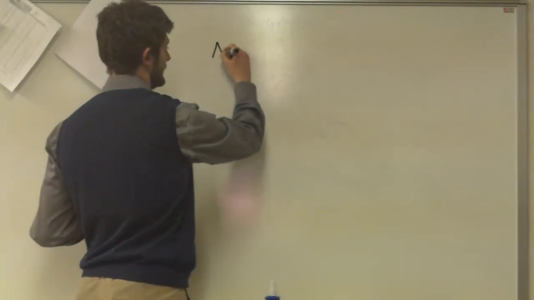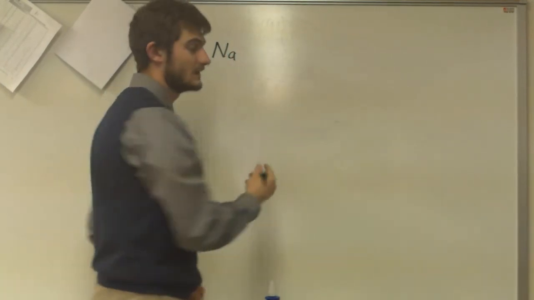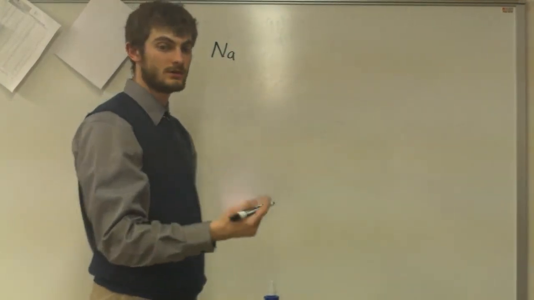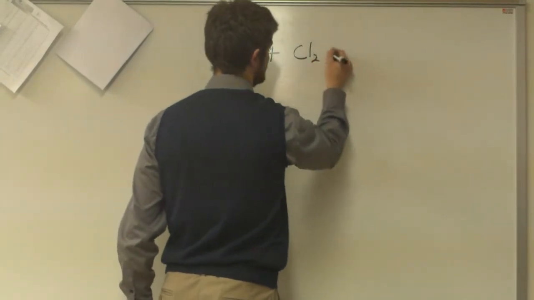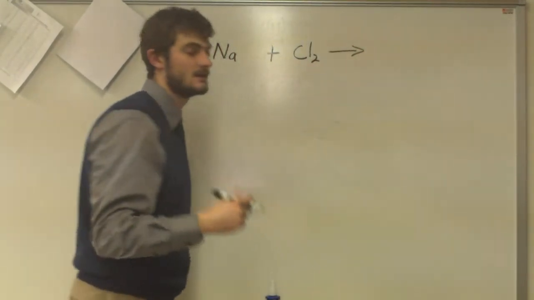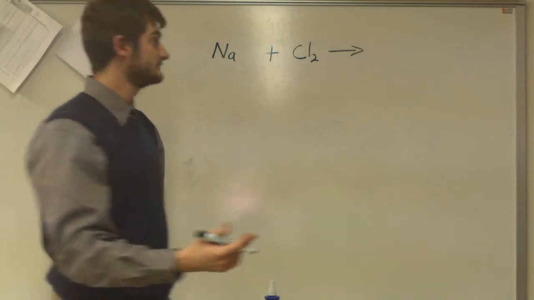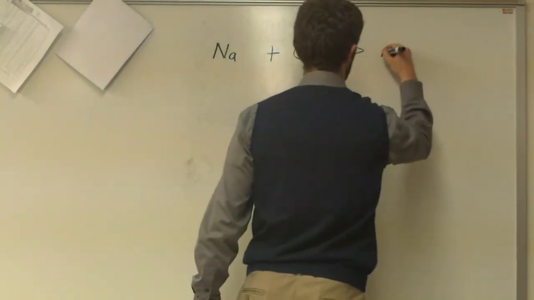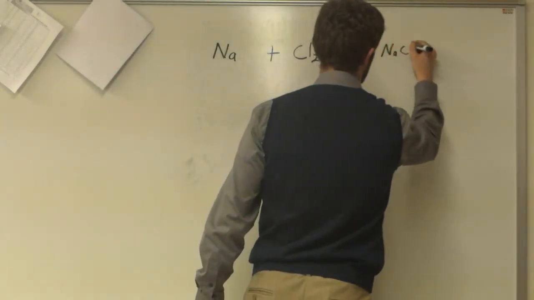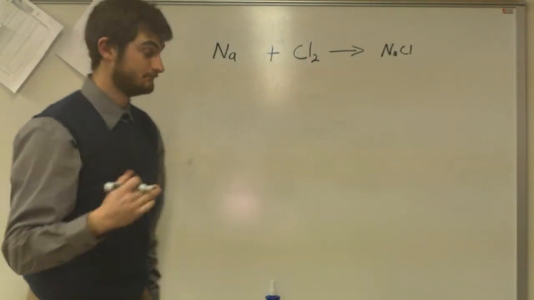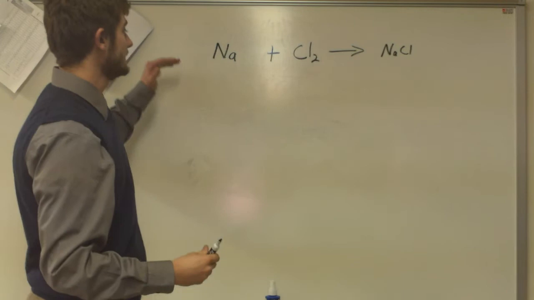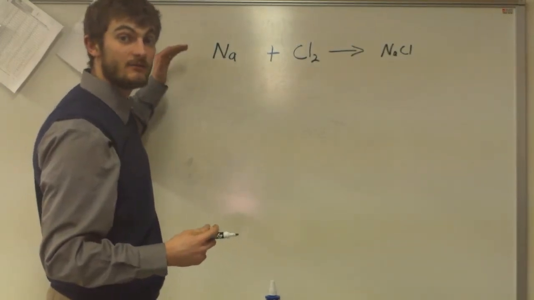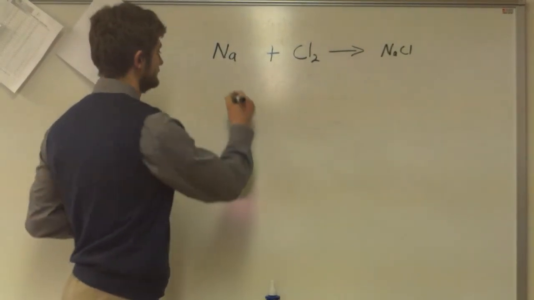We're going to take sodium and we're going to react it with chlorine. The product of this reaction is sodium chloride. Now, on the reactant side, we have one sodium atom.